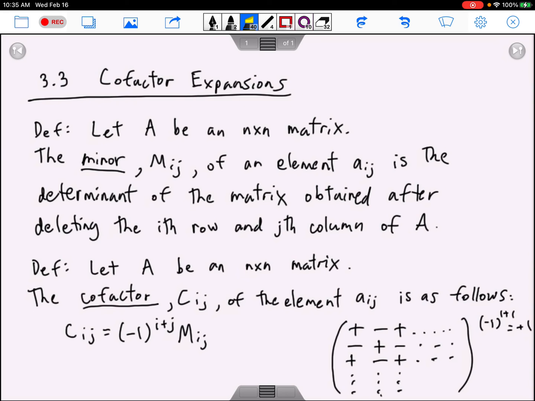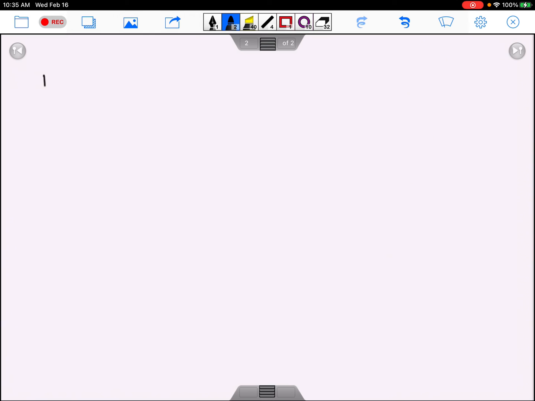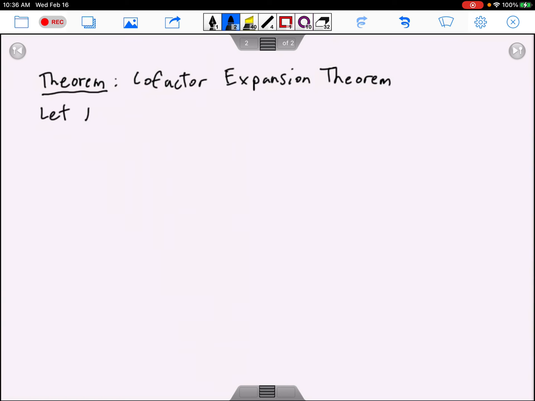Finally, we're going to write down a theorem. And don't worry, we're about to do an example where we calculate all these things, okay? So this theorem is called the cofactor expansion theorem. So let's let A, first of all, be an n by n matrix.